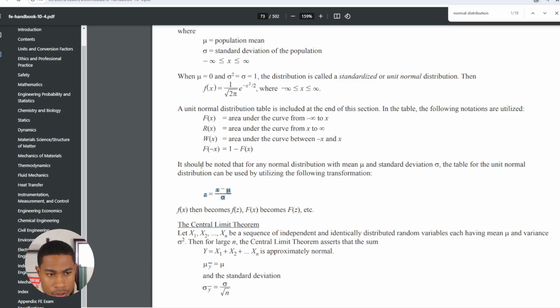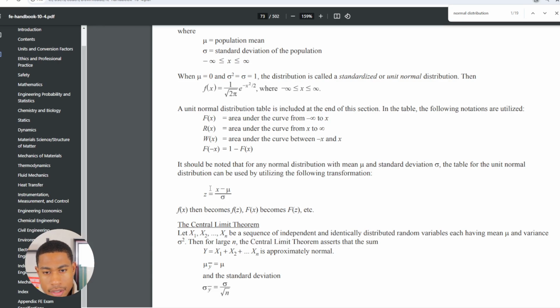Okay, so what's important here, really this formula is important. It should be noted that for any normal distribution with mean mu and standard deviation sigma, the table for the unit normal distribution can be used by utilizing the following transformation. So we have z is equal to x minus mu over sigma.